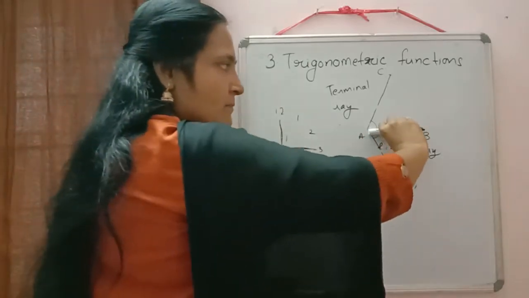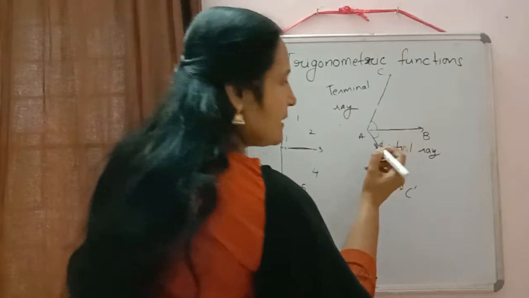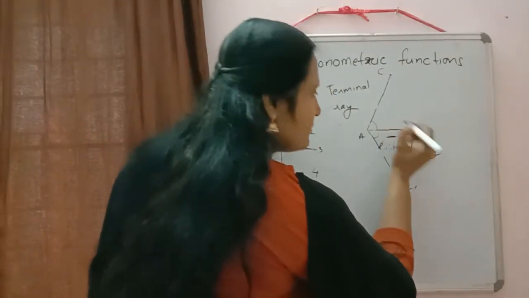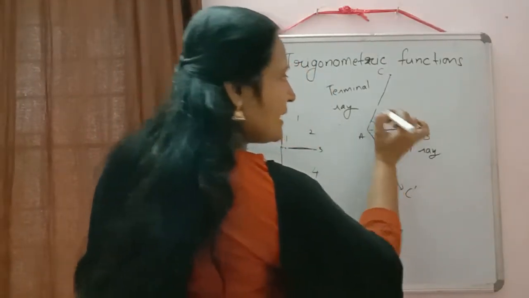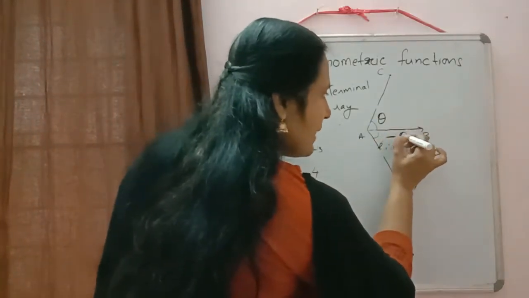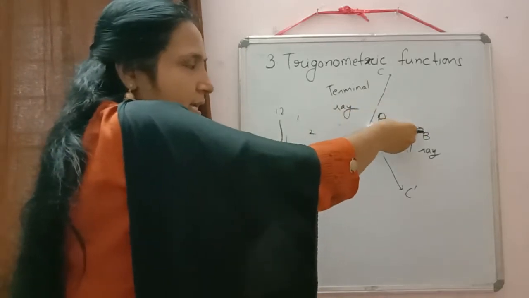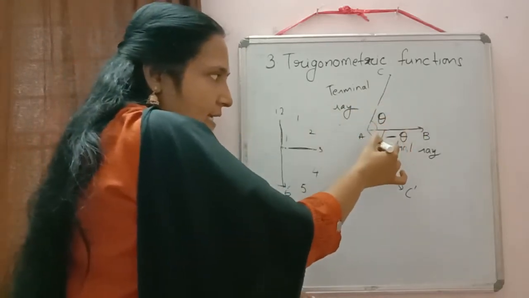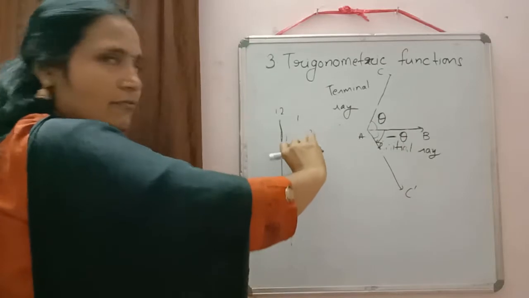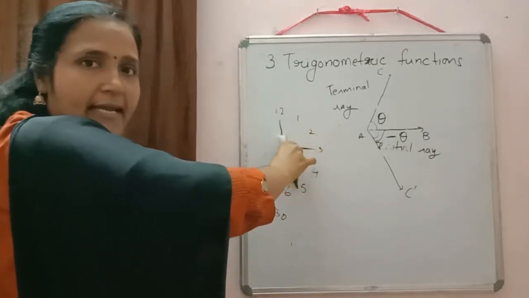So here also, when we move downwards, the angle will be denoted by negative. If the positive angle I am taking as theta here, the negative angle will be denoted by minus theta. So the first position was here, and then I reached here. The angle is negative, but it was in the clockwise direction, correct?